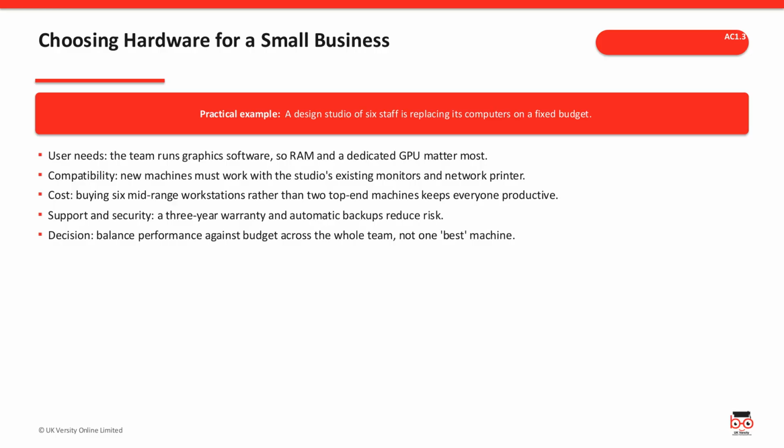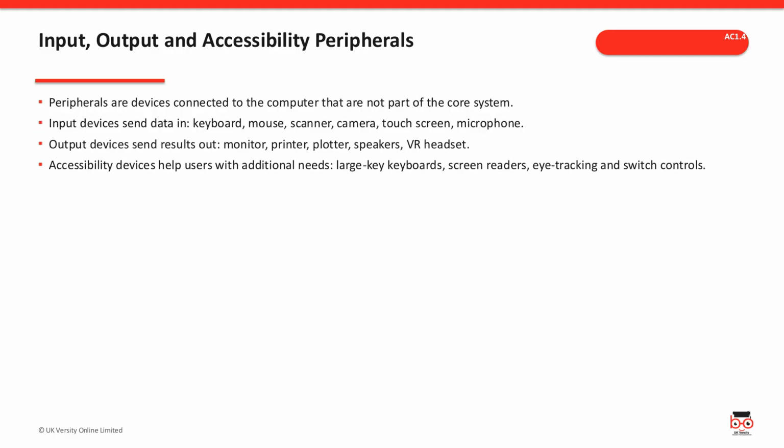Buying 6 mid-range workstations keeps everyone productive, which is far wiser than splurging on 2 top-end machines and leaving 4 people struggling. Add a 3-year warranty and automatic backups, and you have balanced performance against budget across the whole team, rather than chasing one perfect machine.